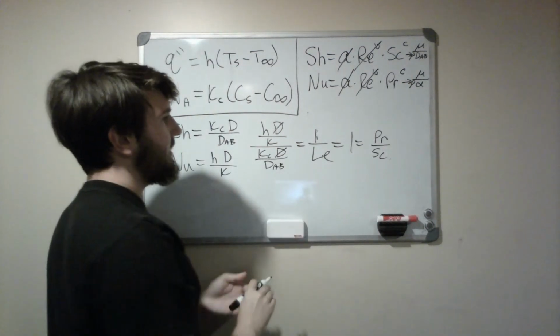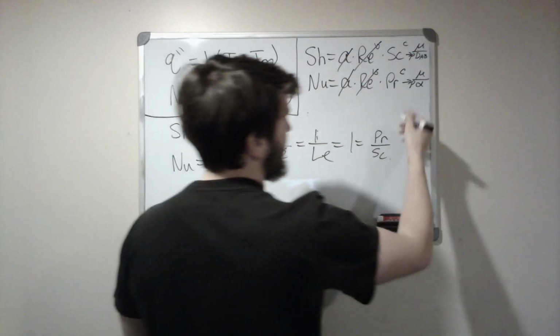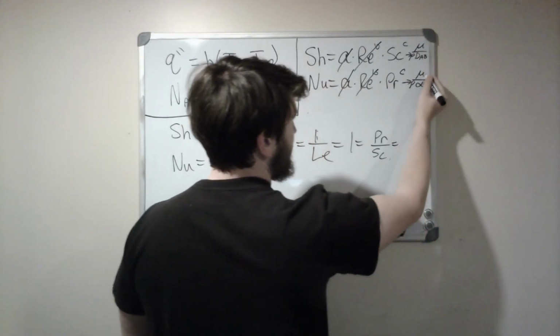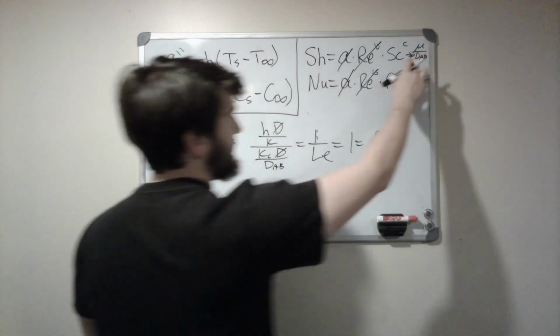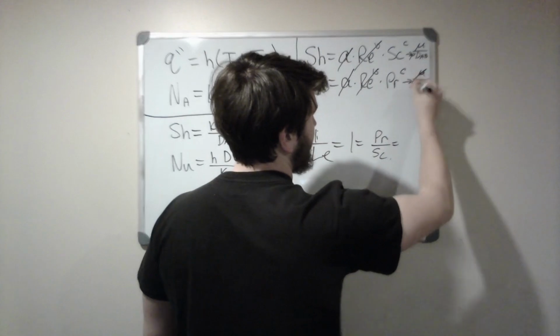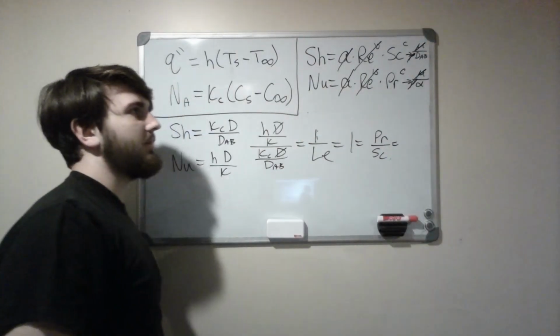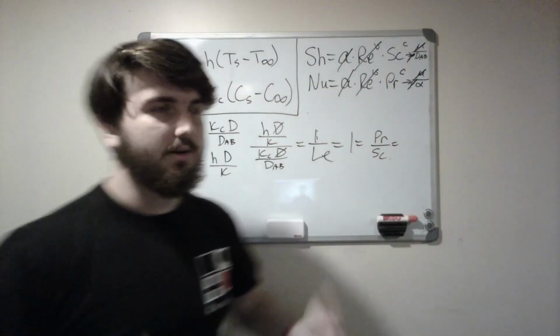So with that in mind, we're going to plug these in from what we have up there. So the Prandtl number, we said, is the mu over rho times that heat coefficient. This is that concentration coefficient. We're going to remove these, other than that heat coefficient and concentration coefficient, because they're the same thing. We can just cut it out.